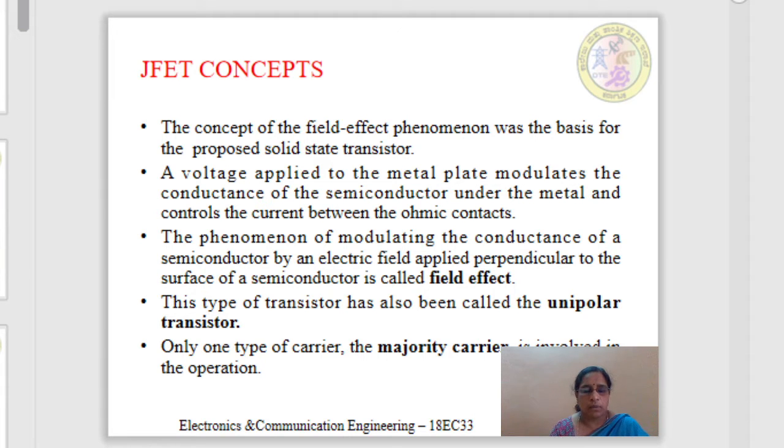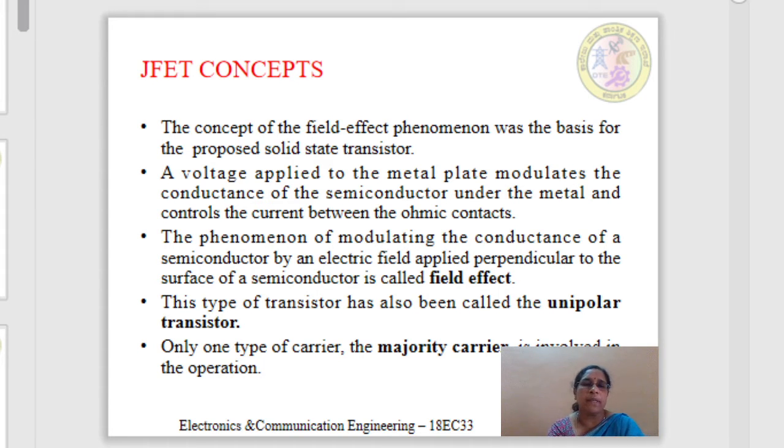The concept here is mainly based on a phenomenon called the field effect. The field effect is the basis for this particular solid state device, and it is also how the field effect transistor gets its name. So obviously we should know what this field effect is, and why the device is known as a field effect transistor.